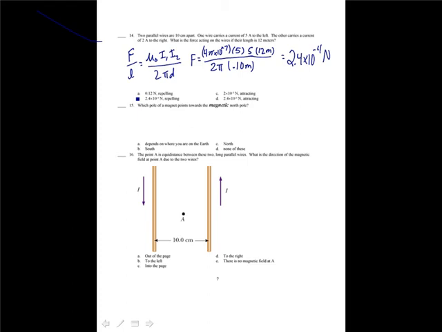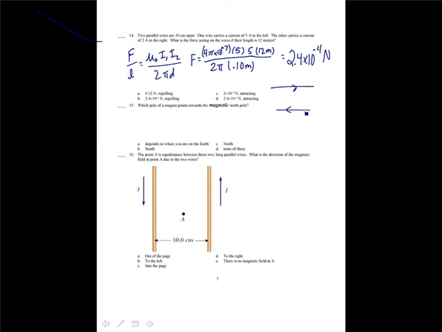Let's see, one of the wires is carrying a current to the left, and the other wire carries a current to the right, so we have a wire going in that direction and a wire going in that direction. The magnetic field, for example, due to this bottom wire at the top wire, is into the page.